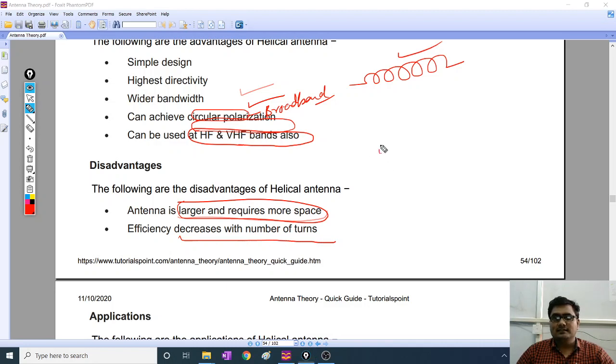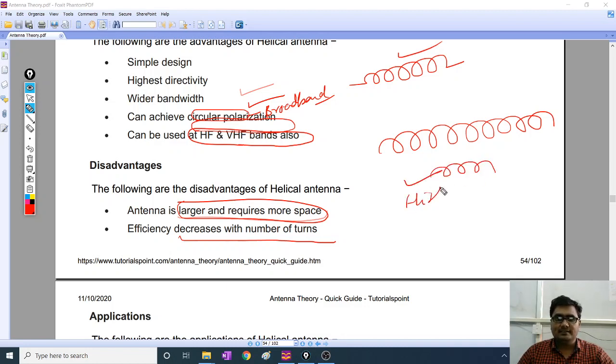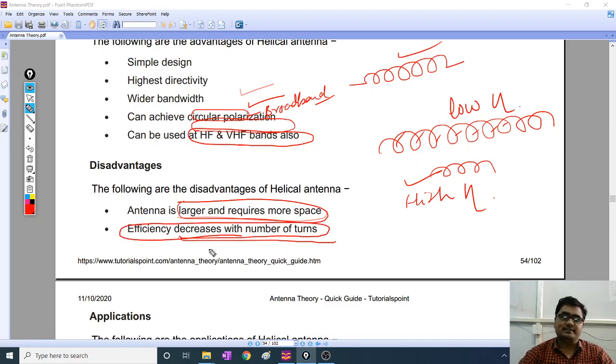Look at this, if you have this helix and if you have this helix, then obviously this will have higher efficiency and this will have low efficiency. Why? Because the more the number of turns, the lower the efficiency. Efficiency decreases with number of turns. Yes, that's what it is.